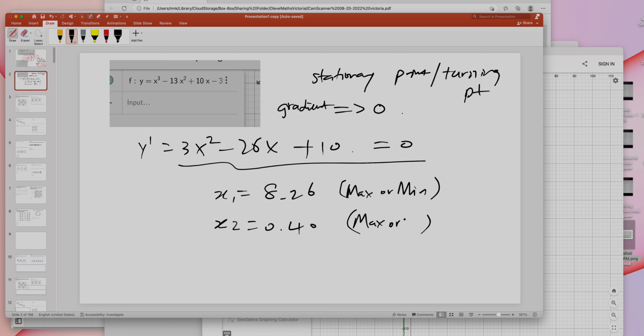Then you use the second derivative. Correct. Based on the sketch just now, this is the max and this is the min. Let's see if the second derivative can help us determine or not. The 0.40 is max, and 8.26 is min.